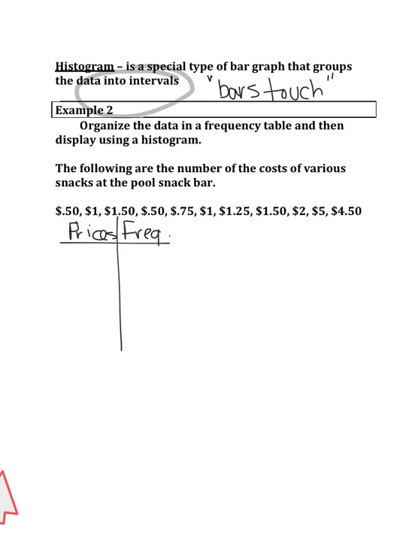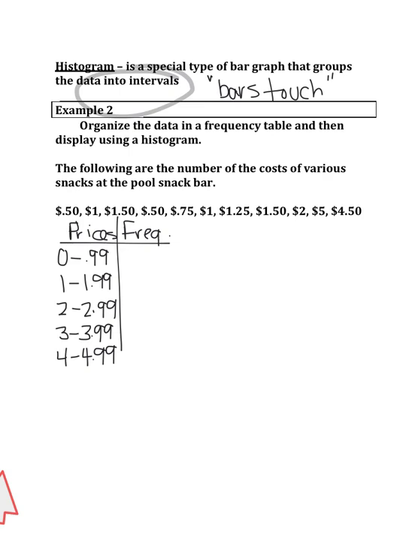So we'll go from 0 to 99 cents. So that then we start the next one at $1 and go to $1.99, and that's an interval of $1. 2 to $2.99, 3 to $3.99, and finally 4 to $4.99. And then we'll go ahead and count the frequency.